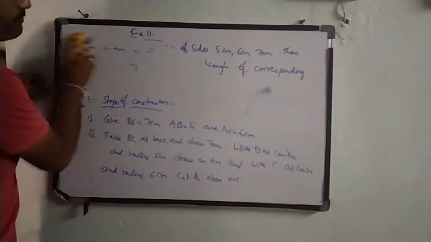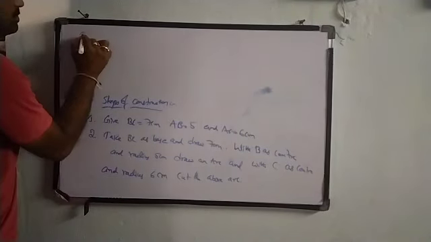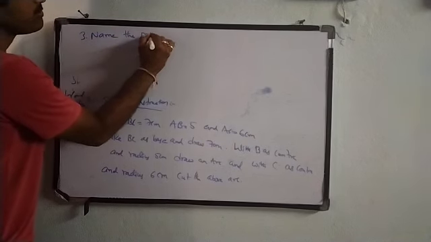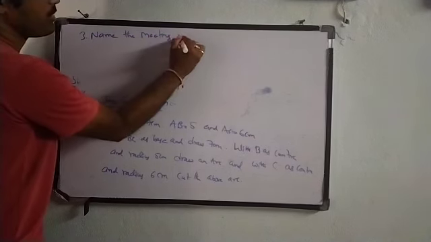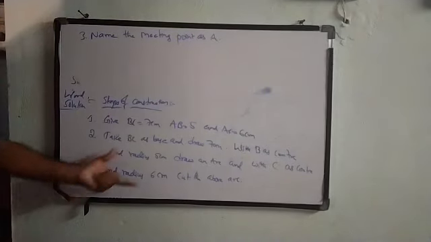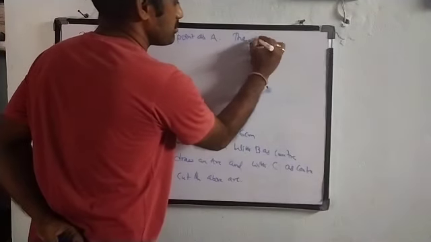Next, third step: name the meeting point as A. So whatever that meeting point is, joining it is A. So the required triangle ABC is formed.